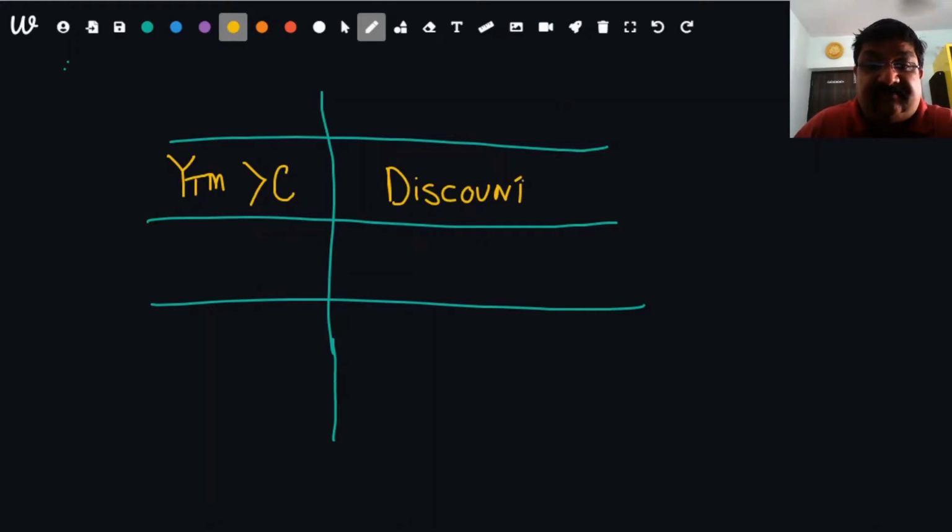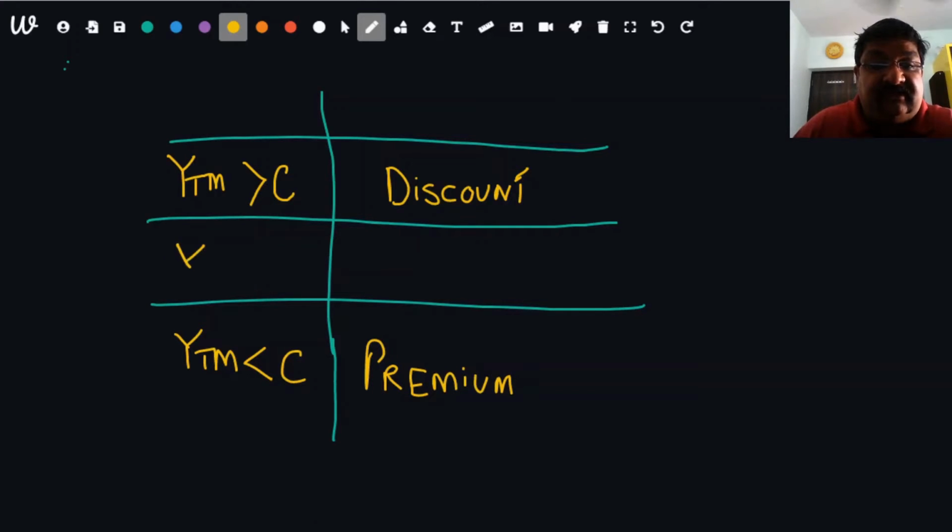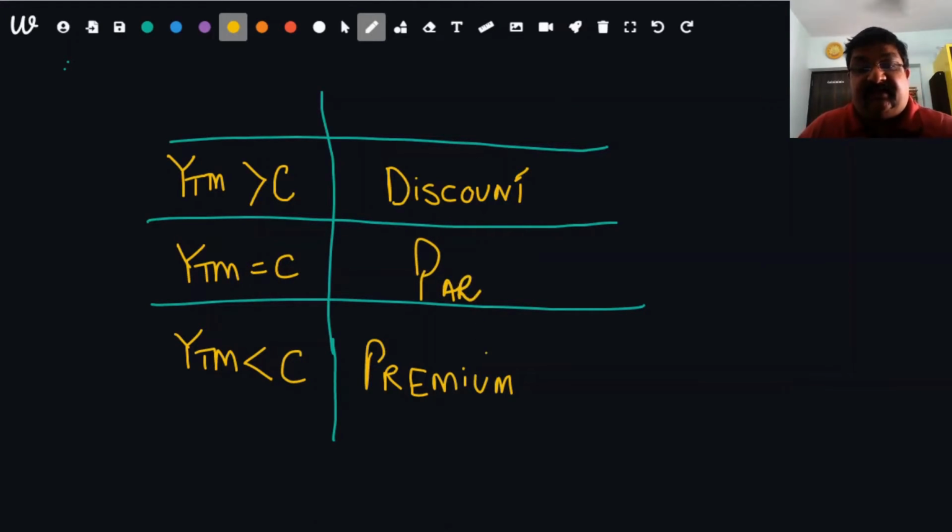In the second example, what did we observe? We observed that the yield to maturity was below the coupon, and we observed that the bond is trading at a premium. And you will observe that when YTM is equal to your coupon rate, that is when the bond trades at par. So this matrix kind of summarizes for you the relationship that exists between the YTM and the coupon, and you can see also how this relationship is self-validated.